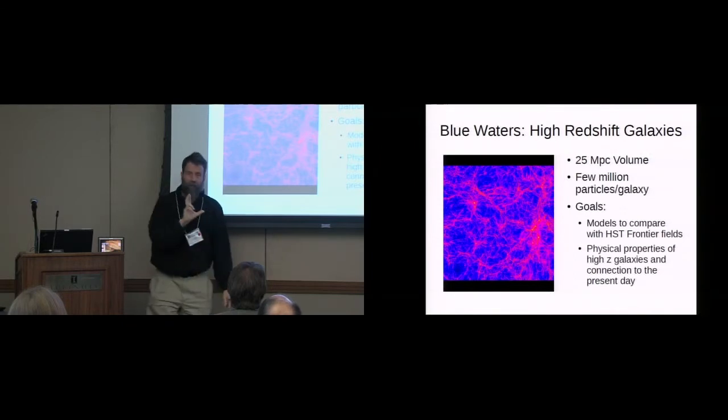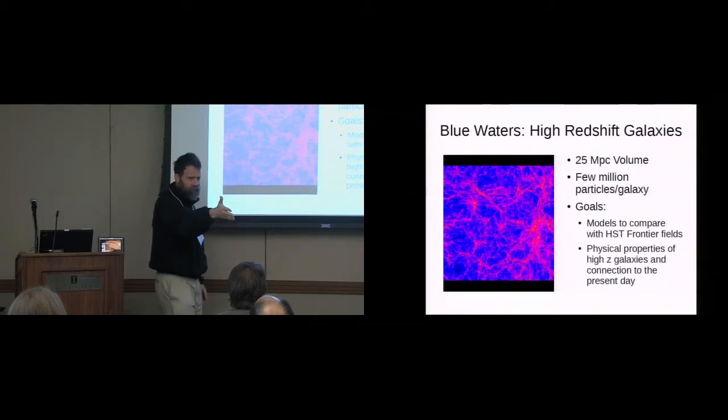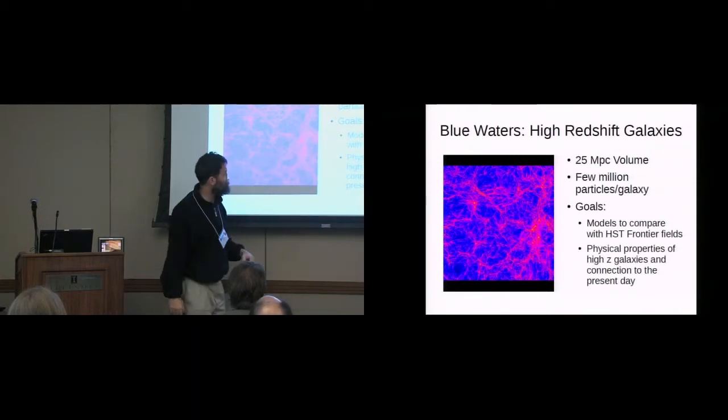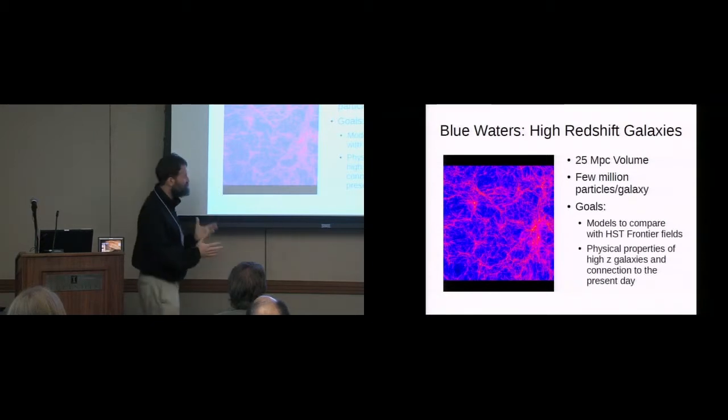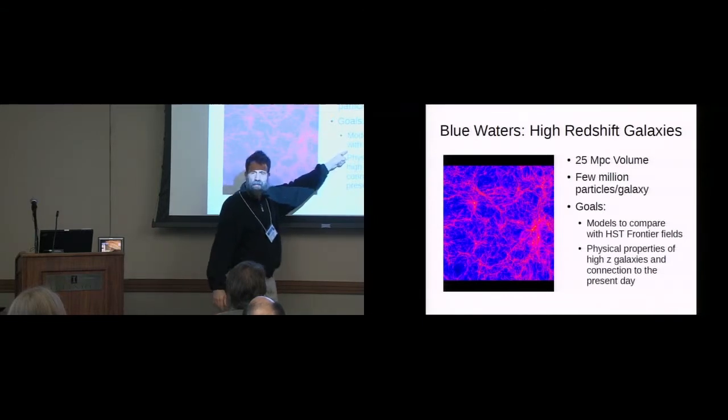But the volume here that I'm talking about is a bit smaller than what Ludwig was talking about yesterday. About the same as yours, okay? Because we need 25 megaparsecs for the tidal torques, but we want as high a resolution as possible. And so that's the trade-off here. The particular goal is to compare with Hubble Space Telescope data.